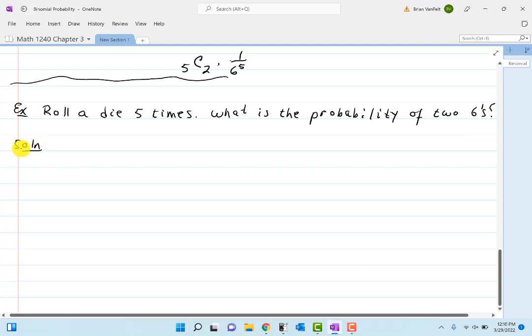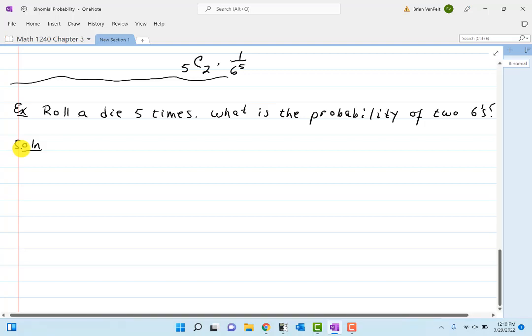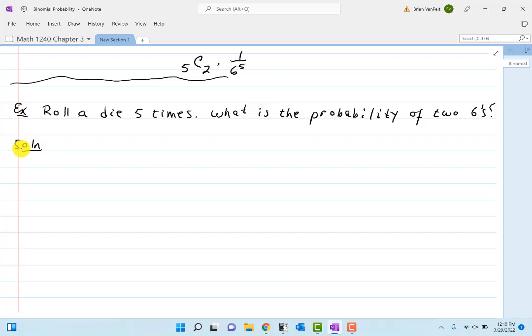Before I said 2 6s and 3 3s. Here I'm saying 2 6s and the other 3 numbers can be anything else, including a 6, I suppose. So we want the probability, well, when I say 2 6s, I mean exactly 2 6s. So I take back what I said. The other numbers have to be something besides 6s.